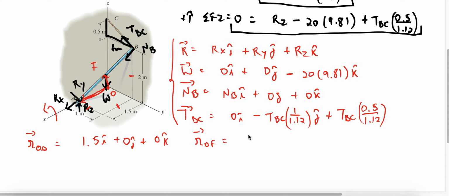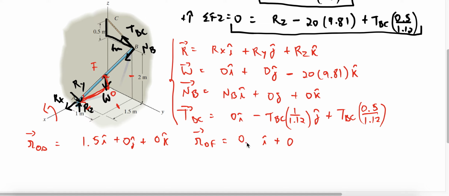So that position vector places us at 0.5 i, let me see, plus 0. No, I apologize, 0.75. Read it wrong. Be very careful with these, they can be kind of tricky.